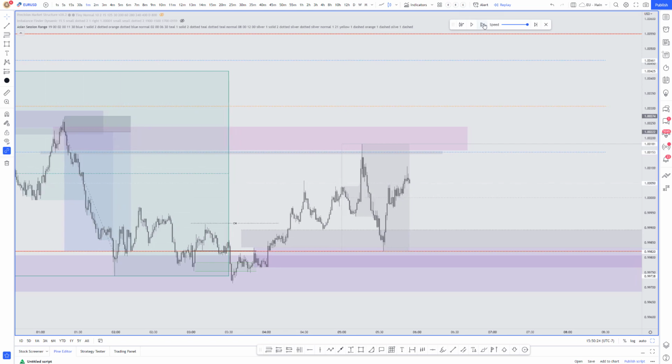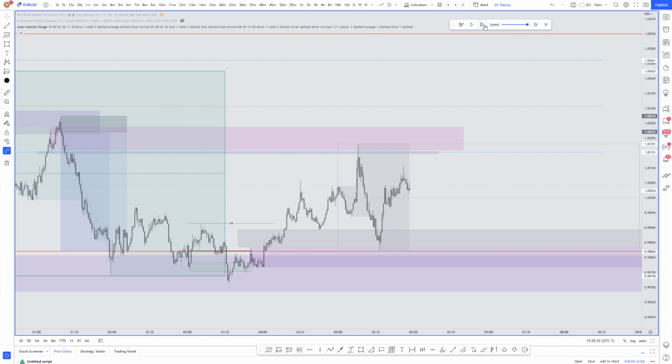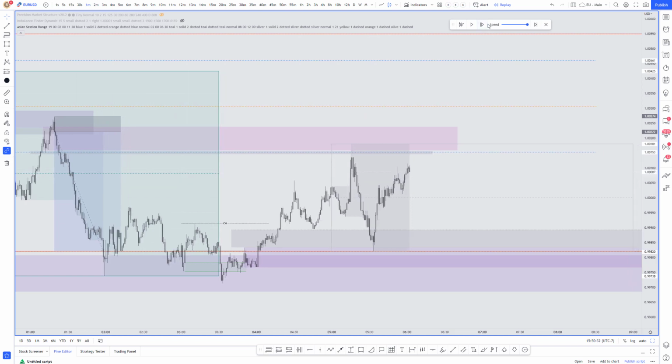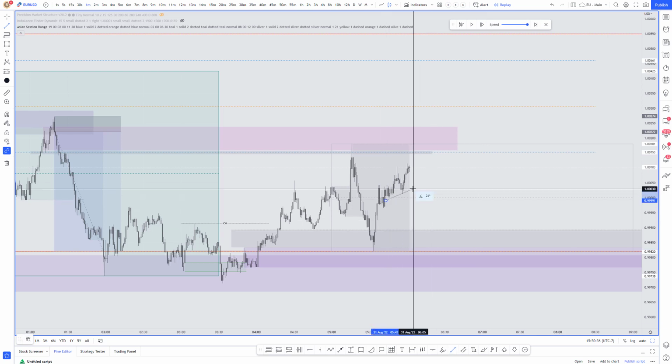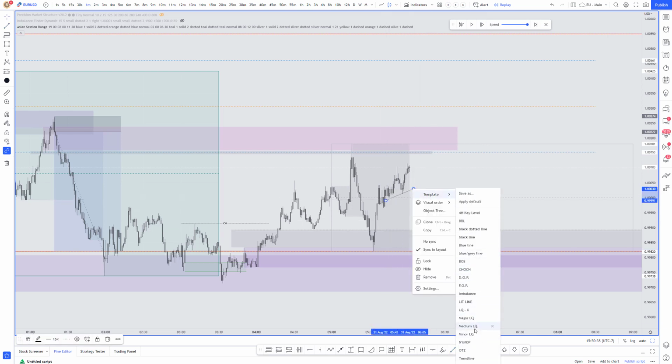So price is still kind of climbing here. Let's just see what happens. All right, so price is still climbing. What I'm seeing is liquidity buildup. Where is it?